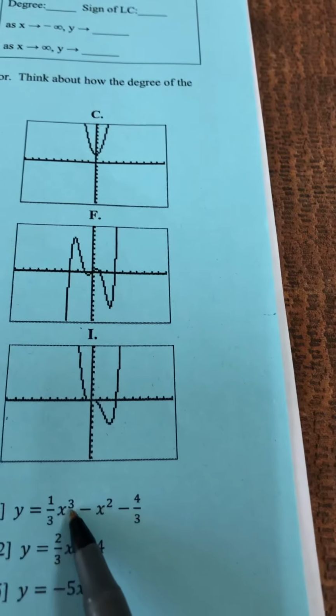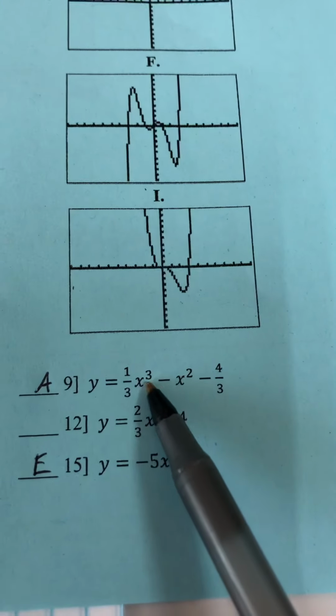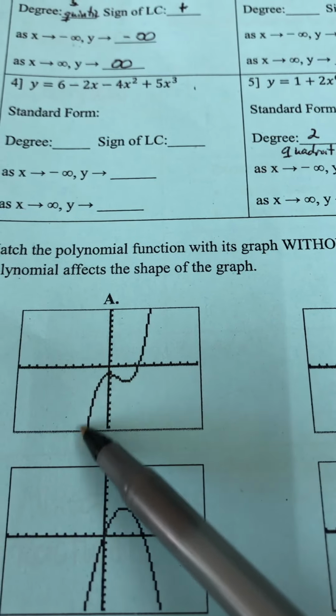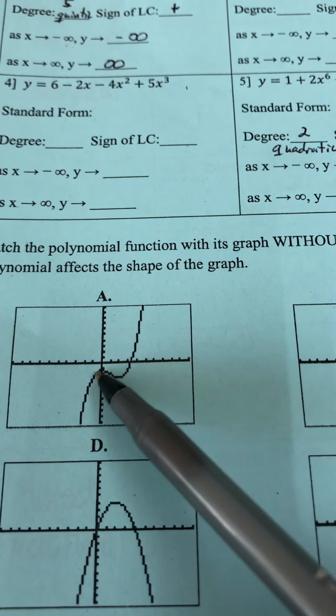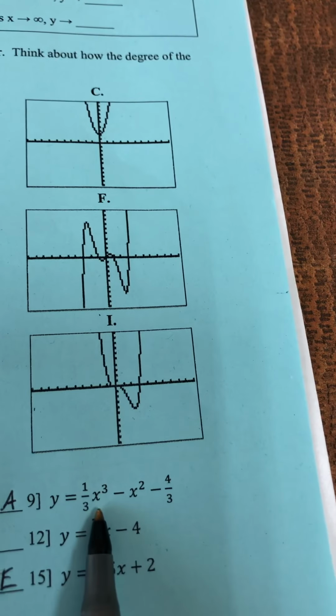When we have them to the third power, cubic, we have kind of a weird wavy thing going on there, like a sideways S. Notice that for your 3s.